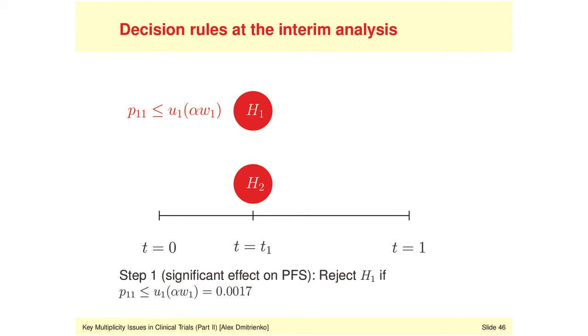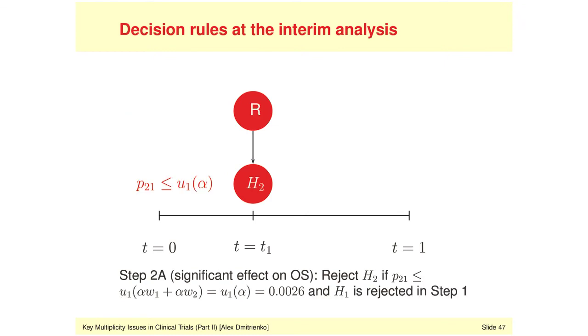This adjusted significance level, as you can see at the bottom of the slide, is equal to 0.0017, and therefore a significant treatment effect on progression-free survival can be claimed here if the PFS p-value is less than or equal to this particular quantity. Now we're going to assume that the hypothesis H1 was rejected at the interim analysis.